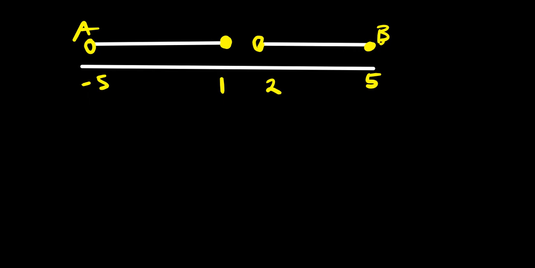Now they've asked us to find A intersection B, and A union B.